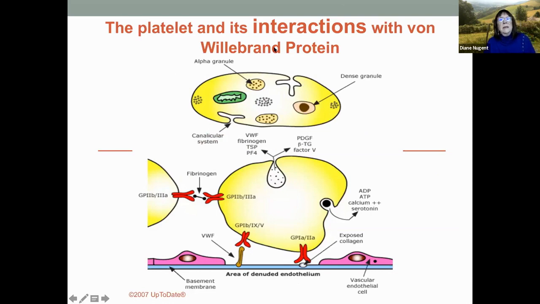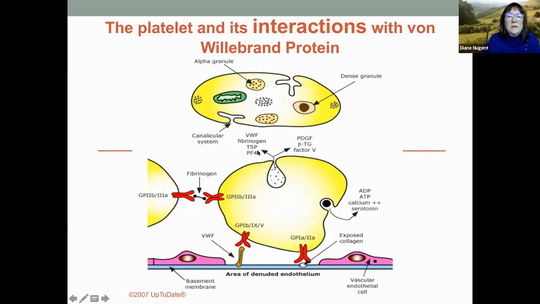And the platelet's interactions with von Willebrand's protein, and these little yellow things now are platelets, just so you know, are based not only on that binding and the importance of stopping and sticking, but as soon as they stick, they start activating.